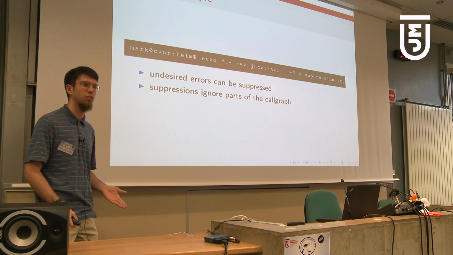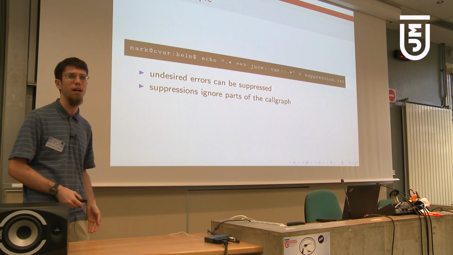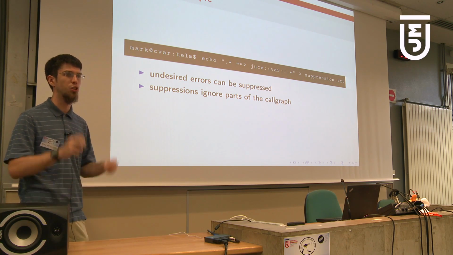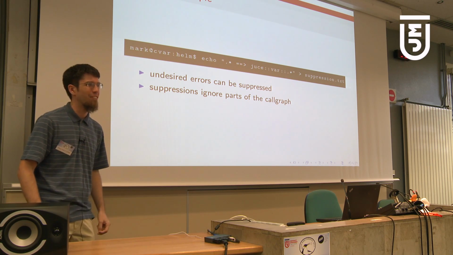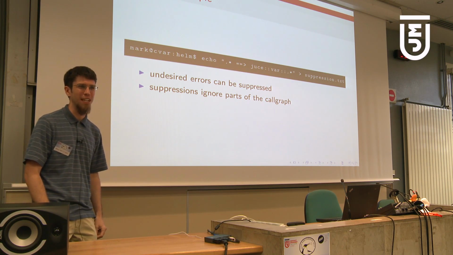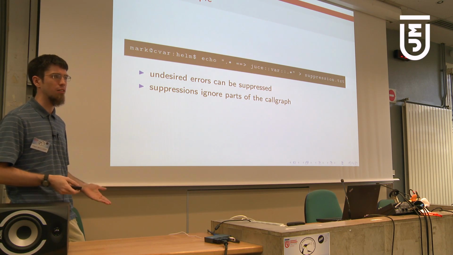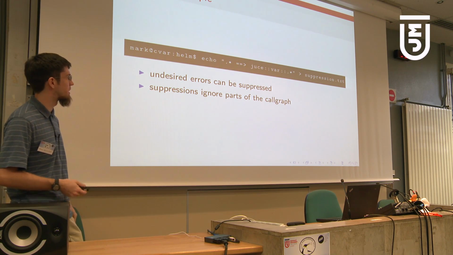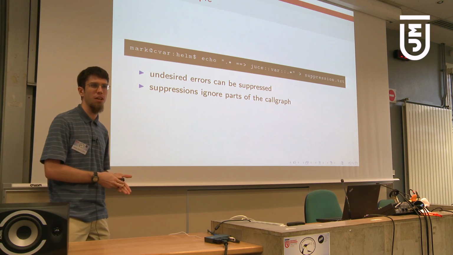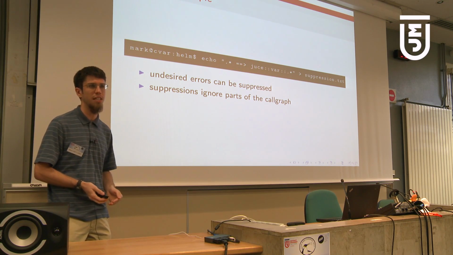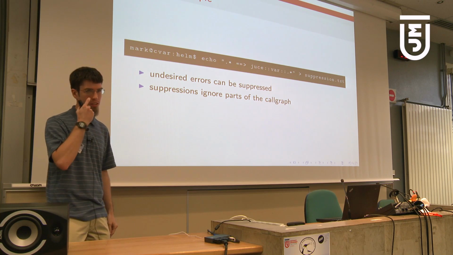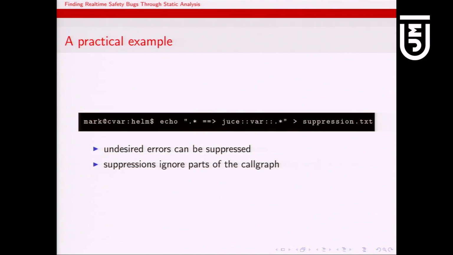Probably the most common use of suppressions is if, for instance, you have some error handling code and it should never execute, which it's always good to verify from time to time. But when using a static analysis tool, you generally have to tell the tool that those relationships exist. So in the case of Helm, one of the classes that they used is a variant type. So this class could store a number of different things which would vary based upon how it was used at runtime.